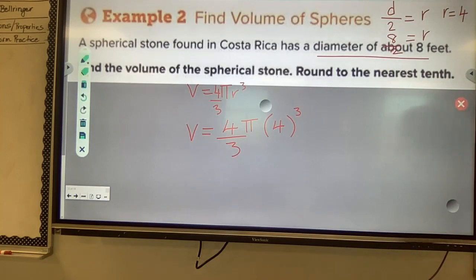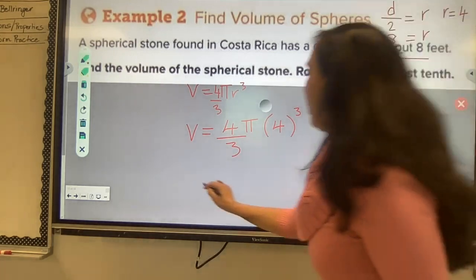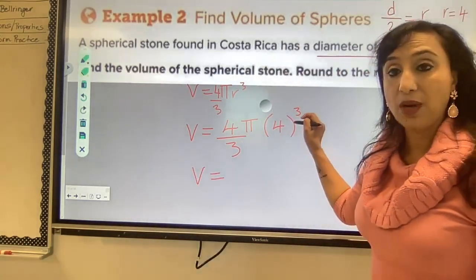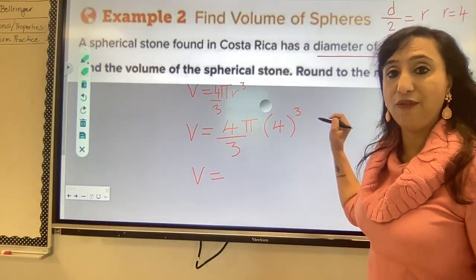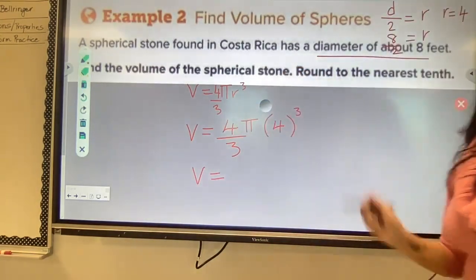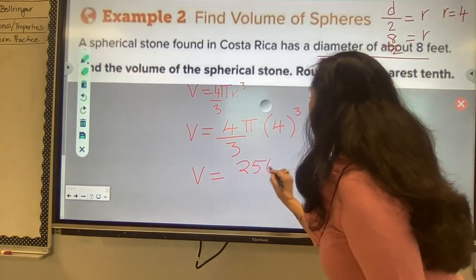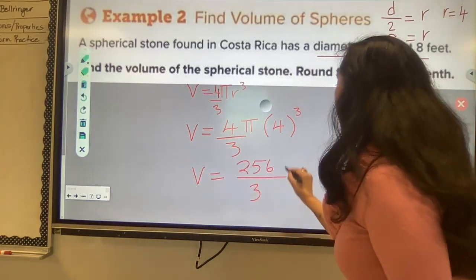When I simplify this, 4 times 4 is 16, times 4 is 64, times this 4 up there, and I get 256 over 3 pi.